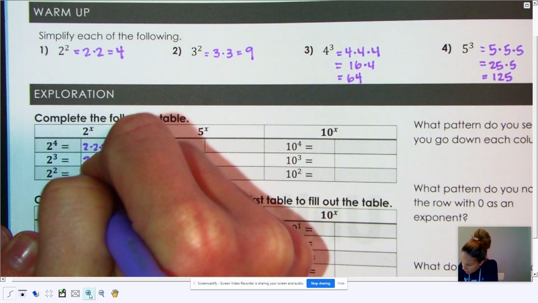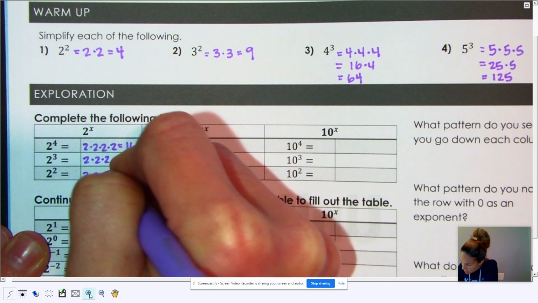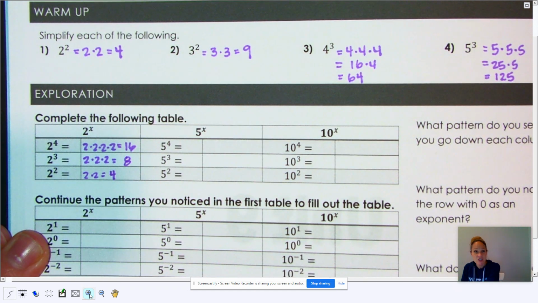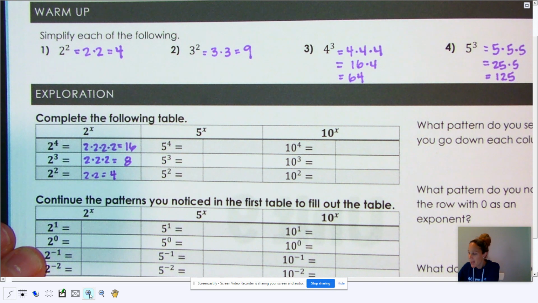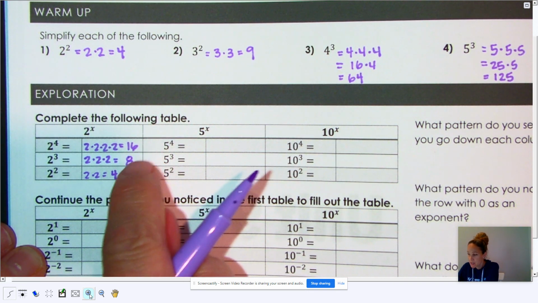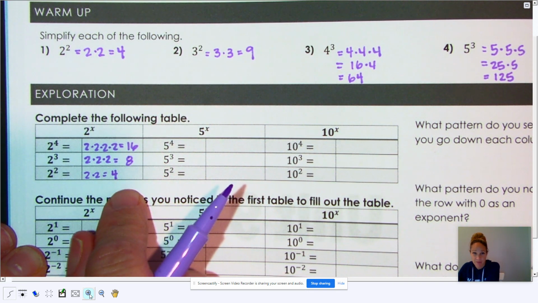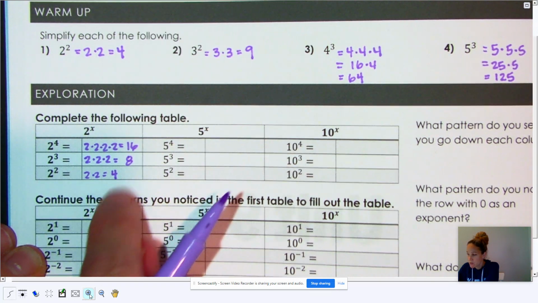I know 2 squared means that I have 2 2's, which is 4. And then the question is, you guys, what pattern do we see from 16 to 8 to 4? It goes divide by 2, divide by 2, divide by 2, right? Whatever I'm multiplying by, that's what I'm dividing by.